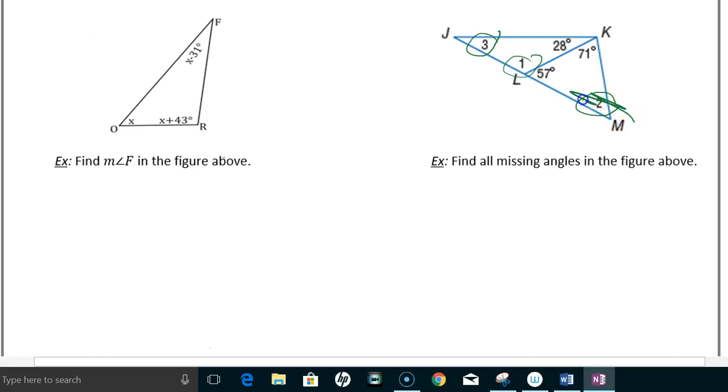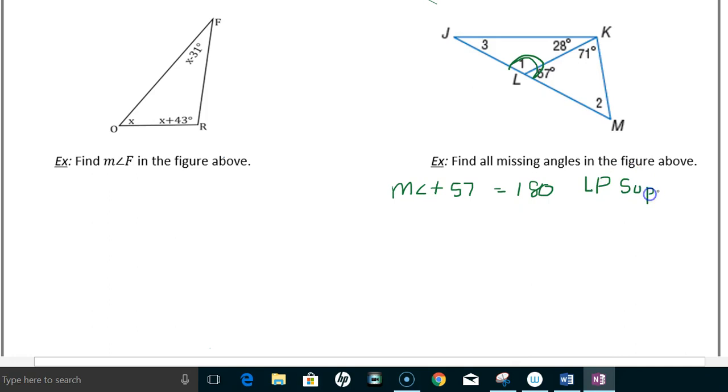because angle 1 is in a linear pair with a 57 degree angle. So if you choose, you can use what you know about linear pairs to find the measure of angle 1. Measure of angle 1 plus a 57 degree angle equals 180 degrees. Why? Because linear pairs are supplementary.